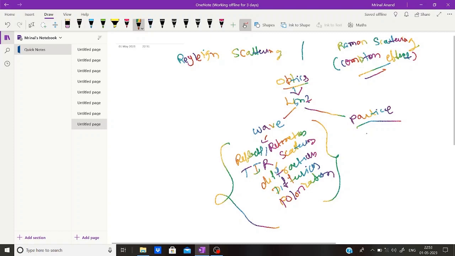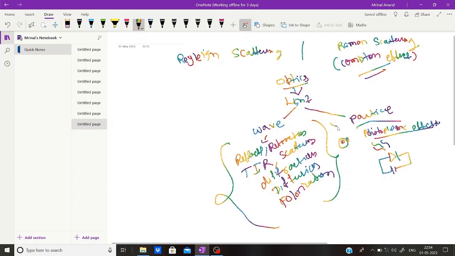Like whenever we talk about the photoelectric effect. Suppose this is a PN junction diode, and we connect it to a battery, and whenever the sun's radiation falls upon it, the diode is made of atoms, and in each atom the electron moves around the outermost orbit.